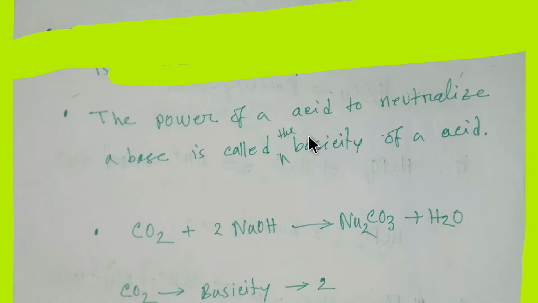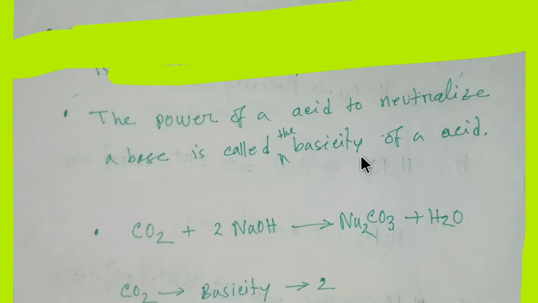Well, here we'd like to learn the basicity of acid. The power of an acid to neutralize a base is called the basicity of acid. That is, basicity of acid means the power of acid to neutralize bases.